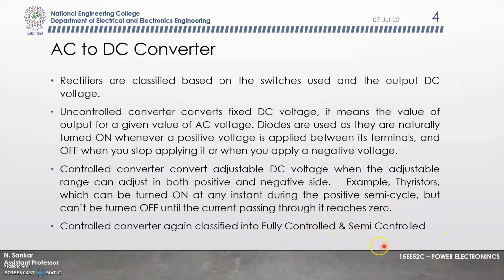In semi-controlled, you will get adjustable DC voltage for only positive values. But for fully controlled, you will get the adjustable DC voltage either positive, negative, or both. Here all the switches will be thyristors, but in semi-controlled it's a mixture of thyristors and diodes. Now our concentration will be mainly on fully controlled.